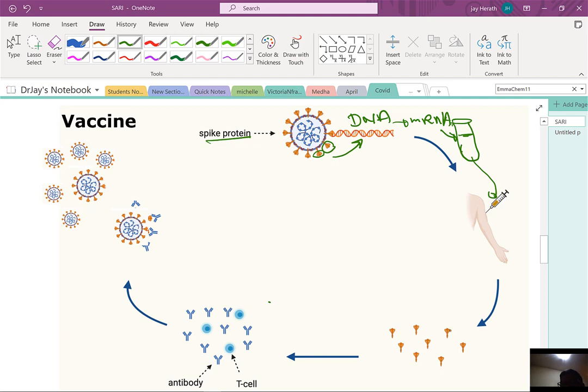And then it produces these little pieces of protein, and these are basically fake virus proteins. They are not real viruses, so we are not really infected by the bad virus. After the vaccine, we have these proteins inside our body, and they are called antigens.